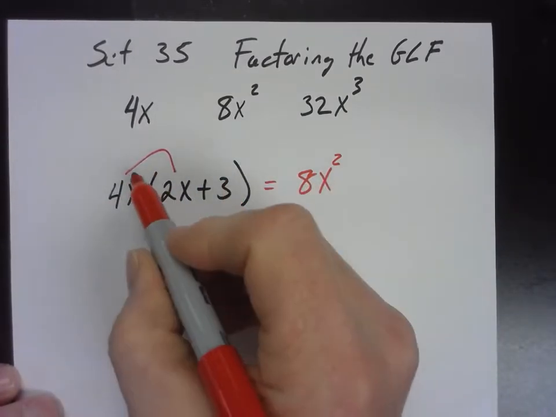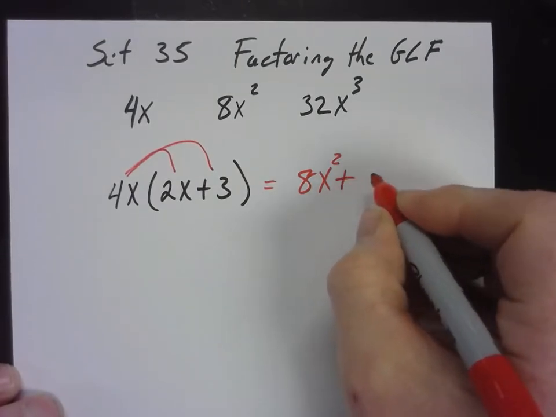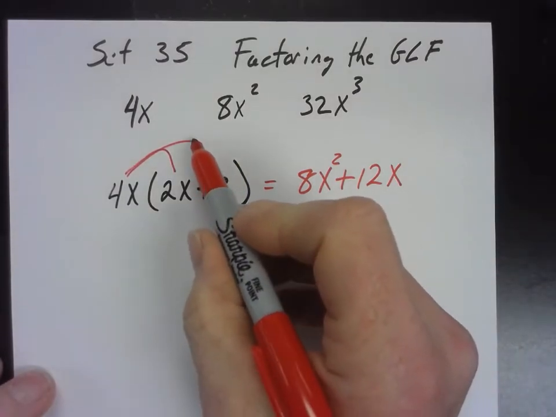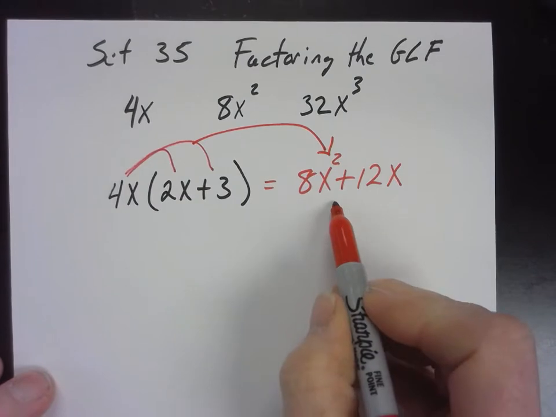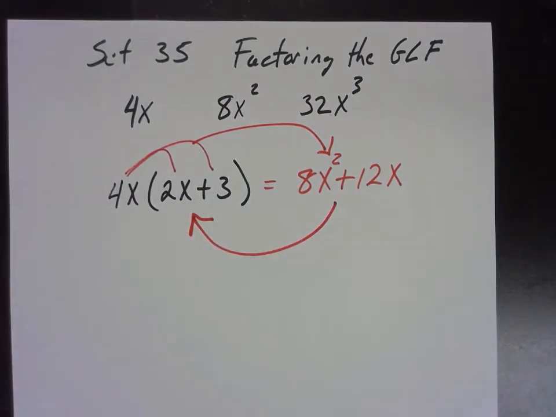Okay. And then what's 4x times positive 3? Positive 12x, yeah. We've been multiplying using the distributive property. Well, now, instead of starting here and going to here, we're going to start here and go backward. So we're going to factor it rather than do the multiplication. It's kind of like dividing, but we'll see how it goes.